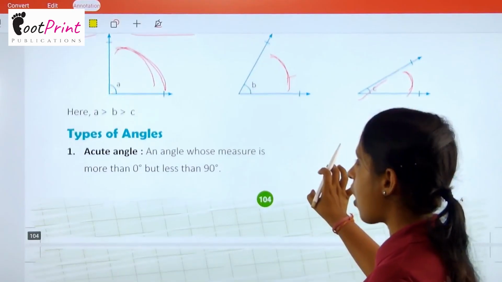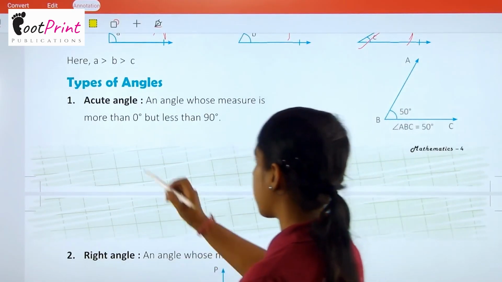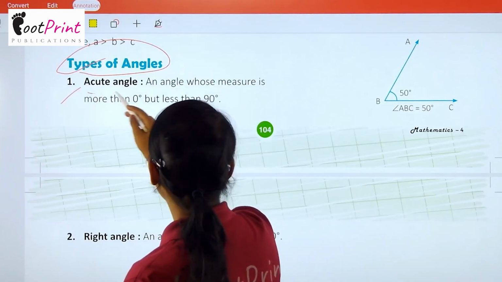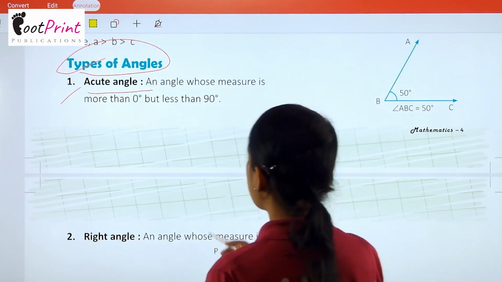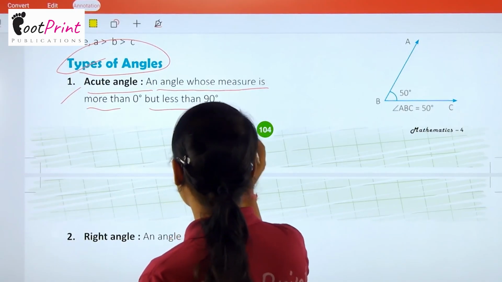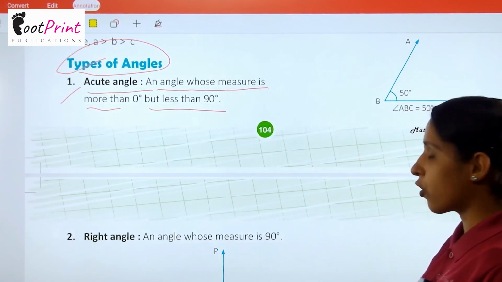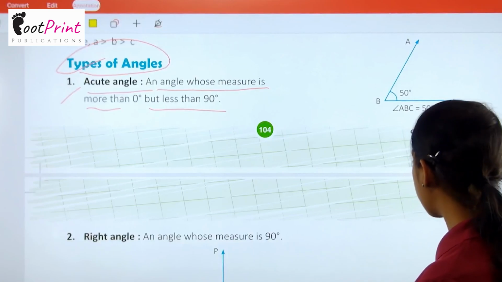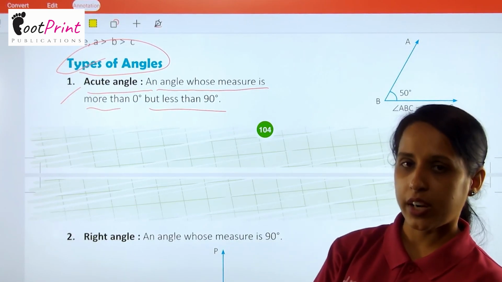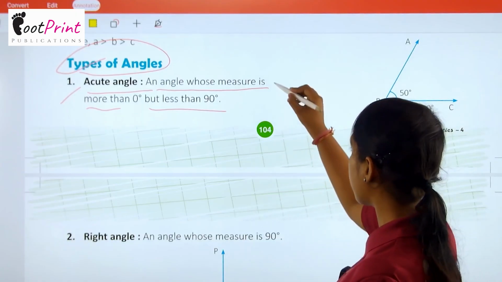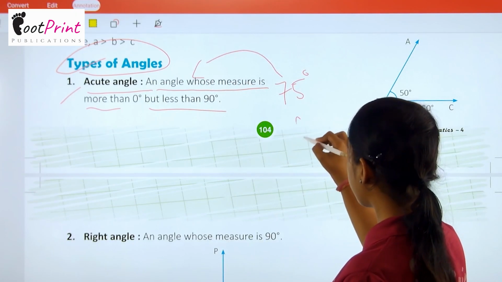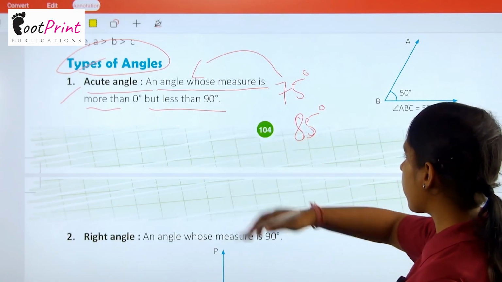Okay, now we will learn types of angles. There are some types of angle. First one is acute angle. So what is an acute angle? An angle whose measure is more than 0 degree but less than 90 degree. Just like if I write 75 degree, it means it is an acute angle. 85 degree is also an acute angle.